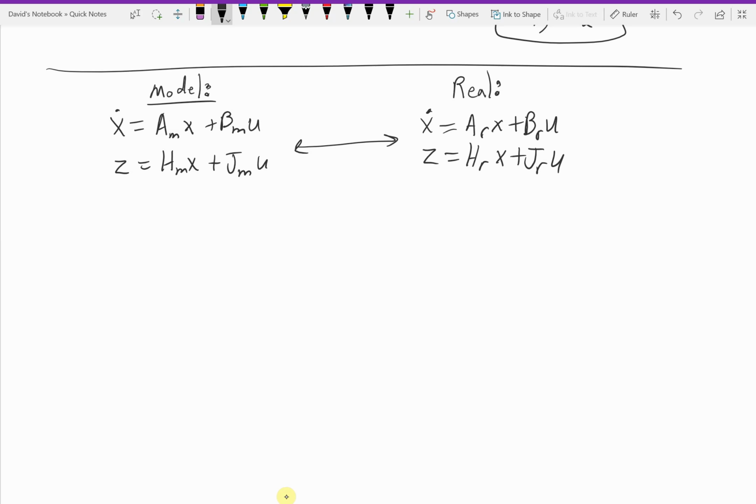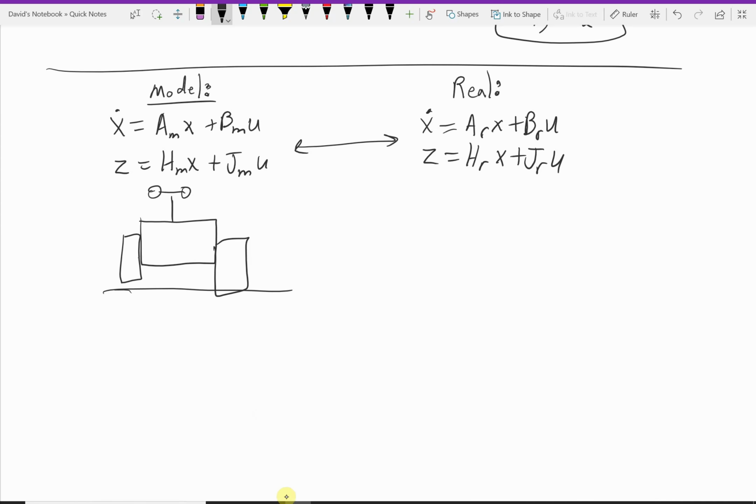So for example, if I have some sort of robot, we will produce a model of this robot that'll include friction forces and torque from motors and its effect on the wheels and so on.